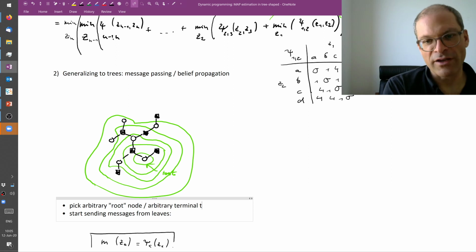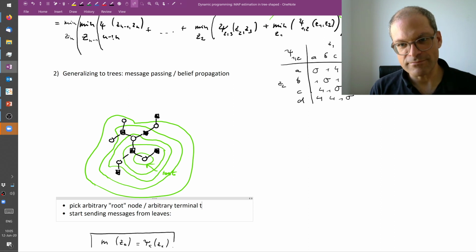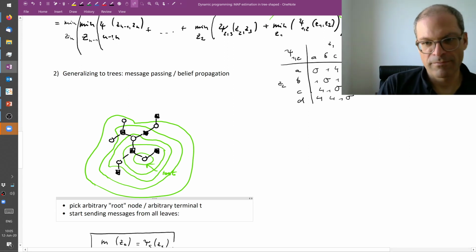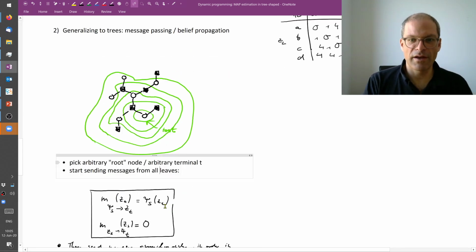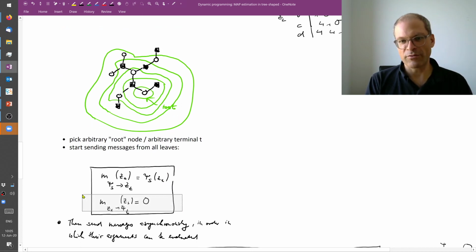If I say we're picking an arbitrary terminal t, and now we start sending messages from all leaves. The way I had depicted these chains so far, we had always started with a variable. So we would send a message from a variable to the closest factor.